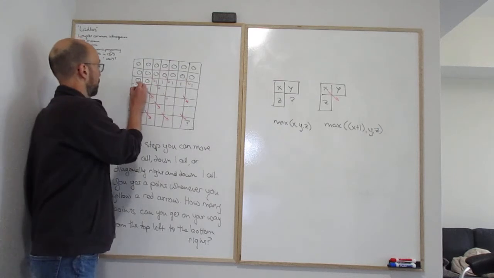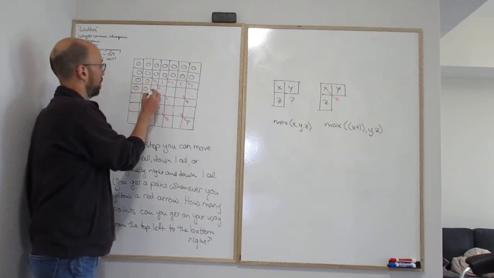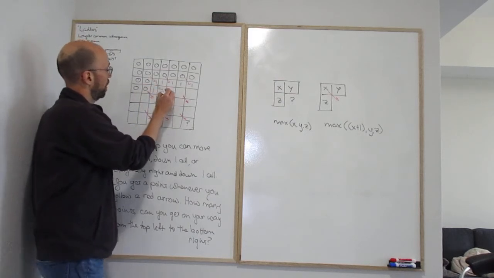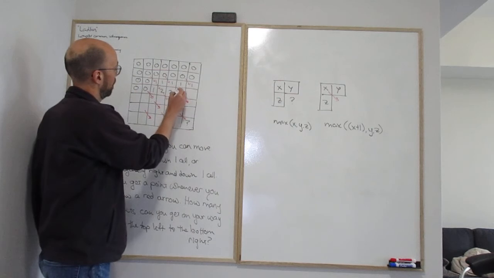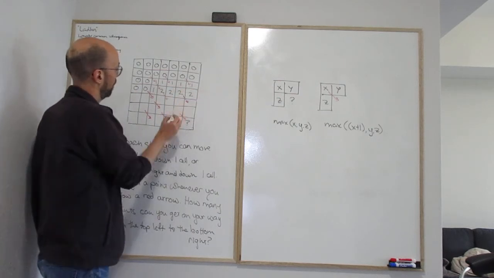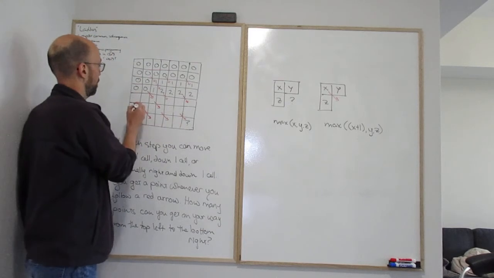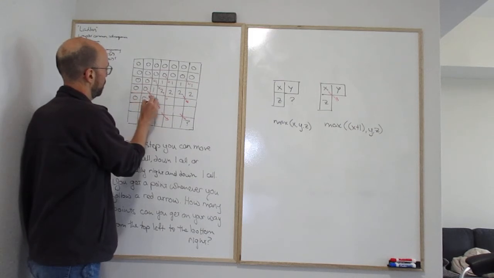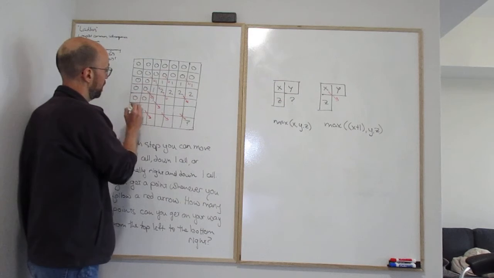And then this is 0, 0, 1, and this is 2, and this is 2, and 2, and 2, right? And if I make a mistake, please correct me. And this is 0, 0, and this is 1, either this way or coming from this.